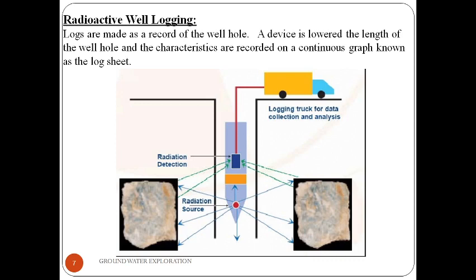The next logging technique is radioactive well logging. Logs are made as a record of the well hole. A device is lowered the length of the well hole and the characteristics are recorded on a continuous graph known as the log sheet.